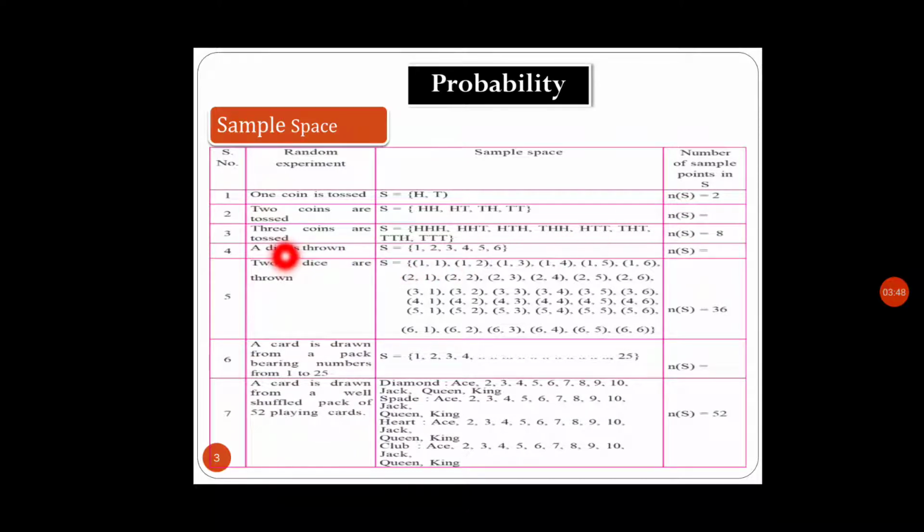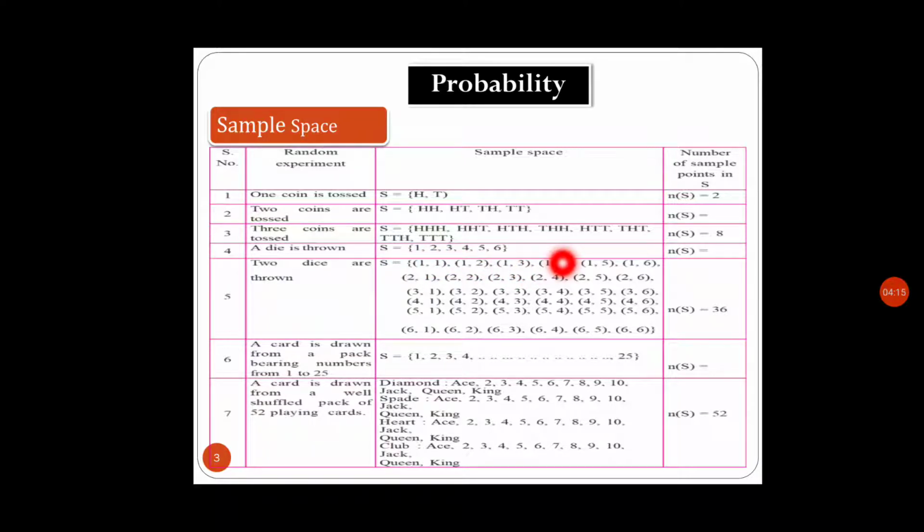The third example: 3 coins are tossed. Then the sample space is {HHH, HHT, HTH, HTT, THH, THT, TTH, TTT}.